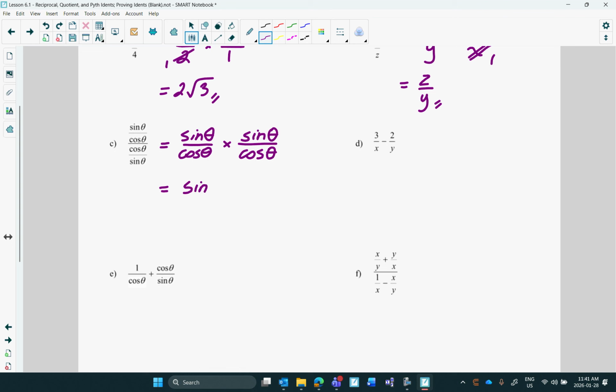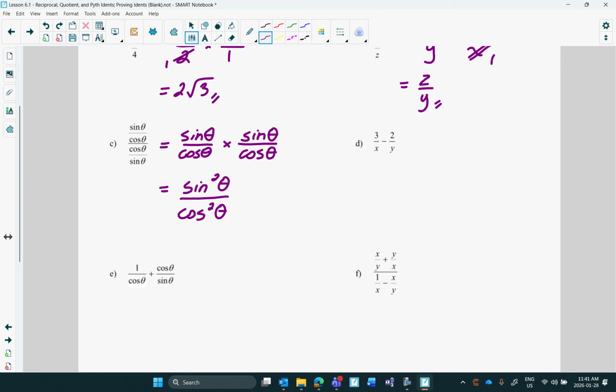Sine squared theta. And cos theta times cos theta obviously is cos squared theta. What is this equivalent to? Tan squared theta, right? We just learned that. If sine over cos is equal to tan, then sine squared over cos squared must equal tan squared as well.